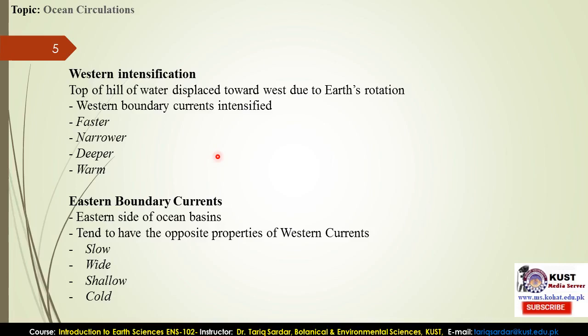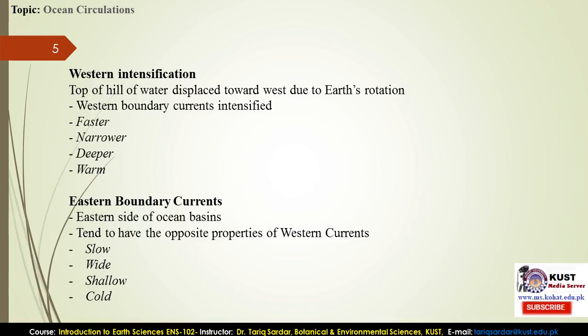To the west side of the equatorial areas, water is displaced toward the west. Why? Due to the Earth's rotation. Because of the east-west rotation, water is displaced toward the west, because of that surface load and rotation-wise movement of the water.